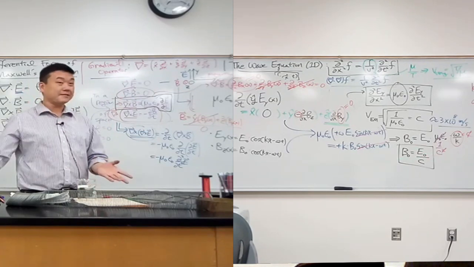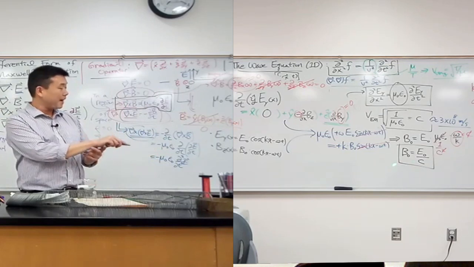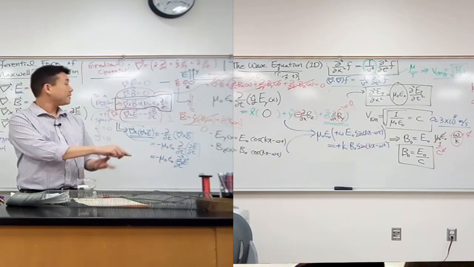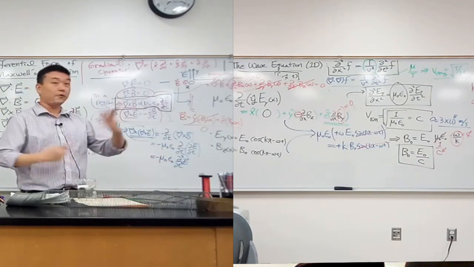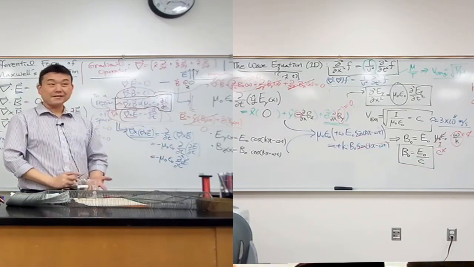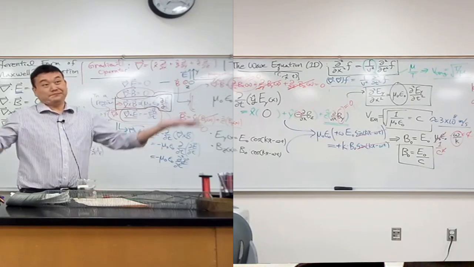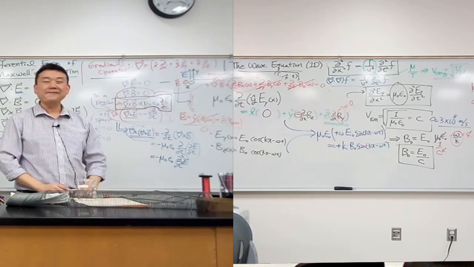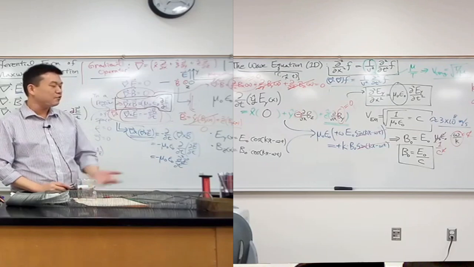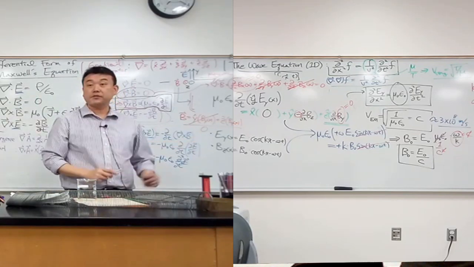One of them being, this tells you how the units of electric field and magnetic field are related. You wouldn't guess this from the beginning, but what it's telling you is that the unit of magnetic field, Tesla, is the unit of electric field, volt per meter, divided by meters per second. So Tesla is volt times a second per meter squared. That's a relationship you wouldn't bother memorizing, but if you know this relationship, then you can get at it.